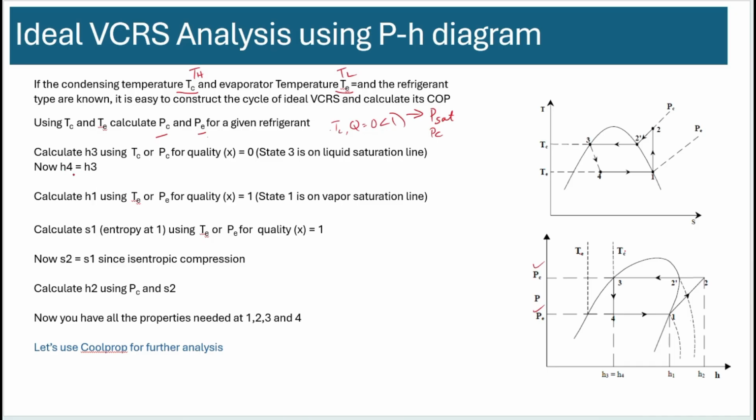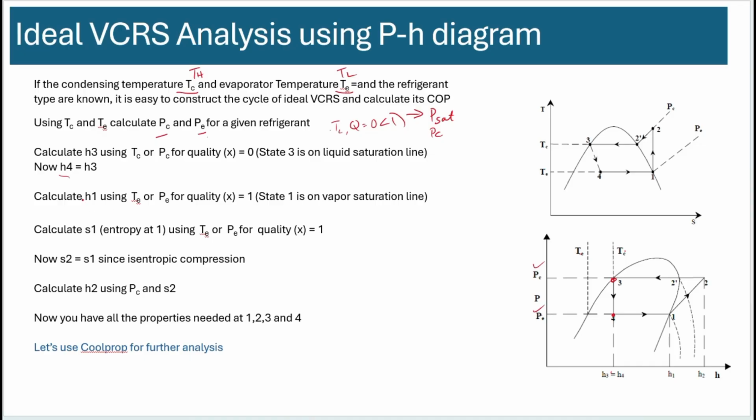And once you have H3, you already know H4 because H3 and H4 are the same, right? So you started with TC and TE and you calculated H4 and H3. You know P3 and H3, and you also know PE and H4. So you know these two locations.